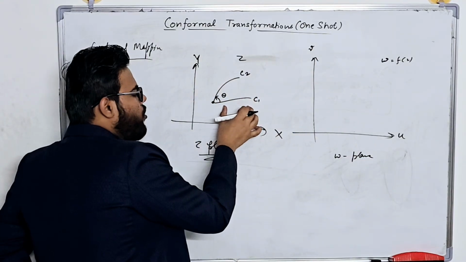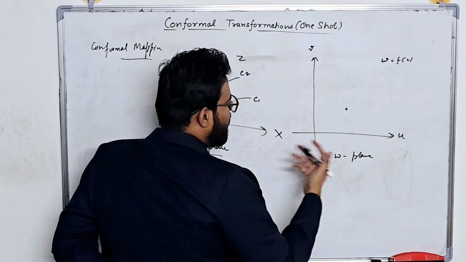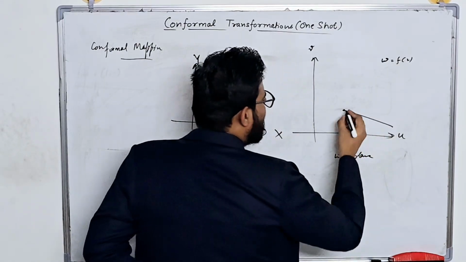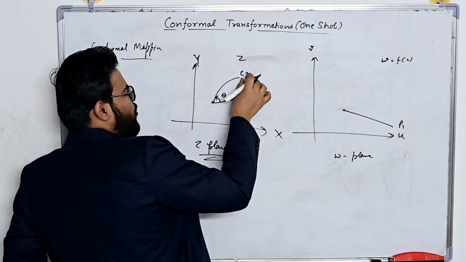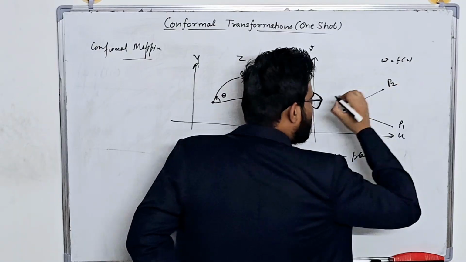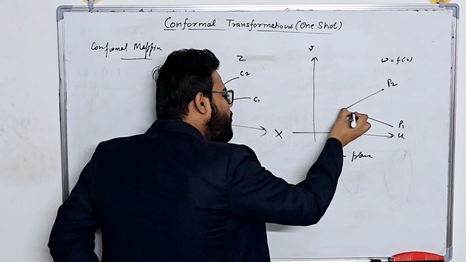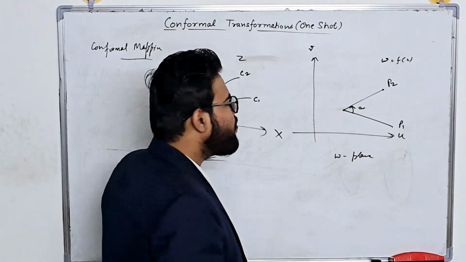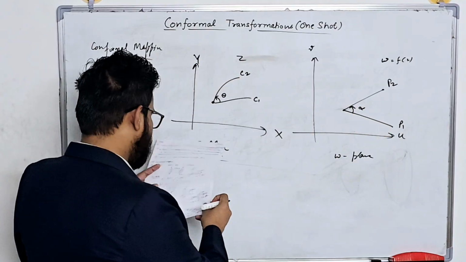And suppose corresponding to C1, we have a curve like this, suppose name it as P1, and corresponding to C2 we have a curve like this. This is suppose P2, right? Now if this angle is alpha, right? Okay, so this is equal to theta and this is equal to alpha, right?